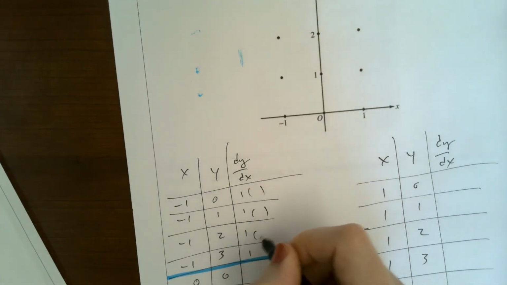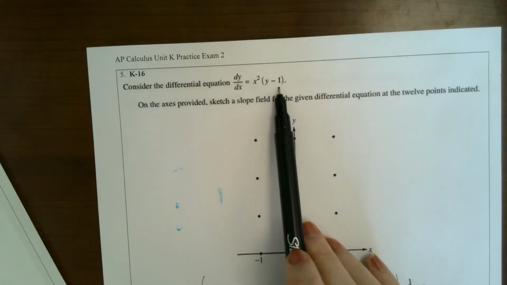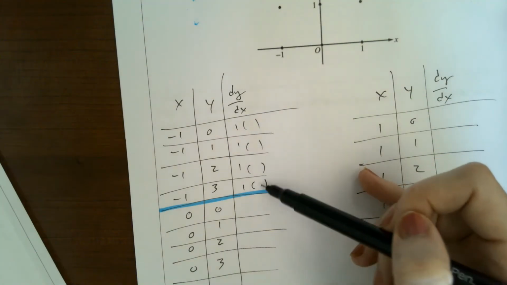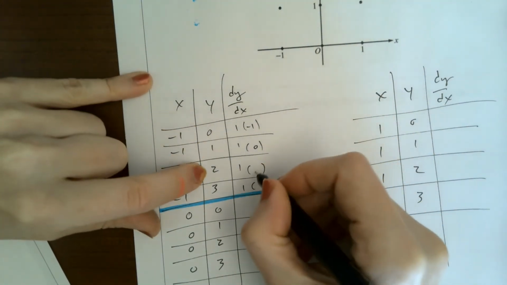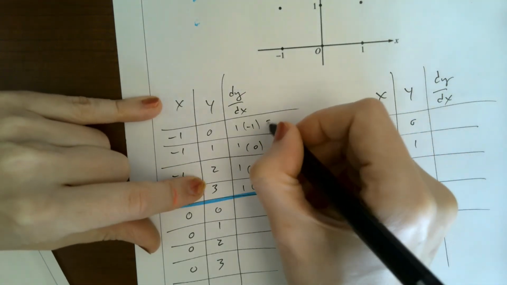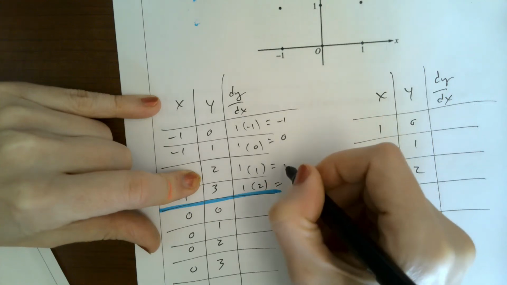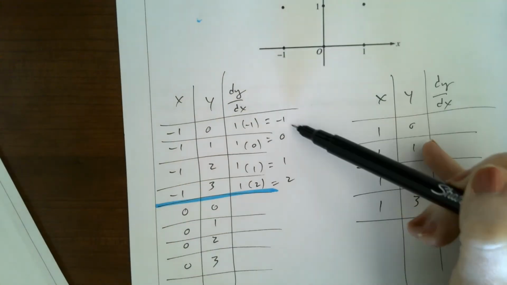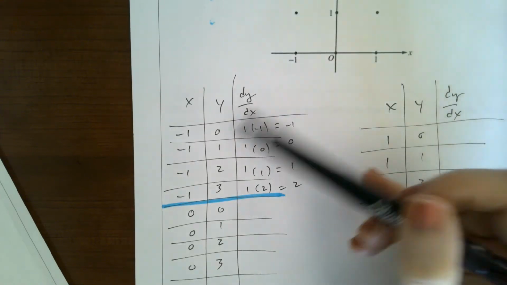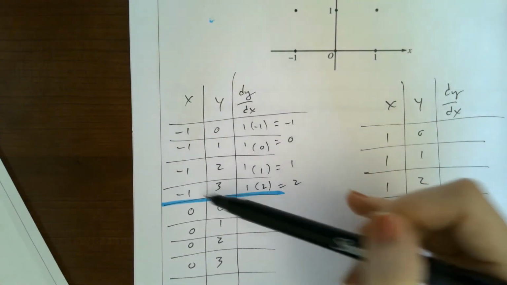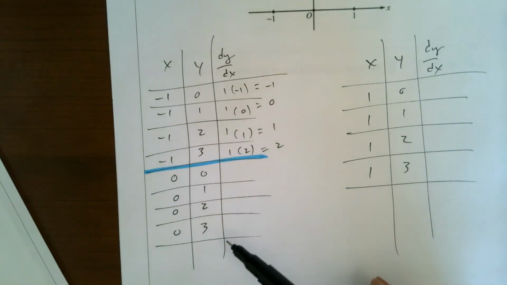Now, next to that, I've got to put the y minus 1. So in these parentheses, I'm just going to take this y and subtract 1. So that's -1. That's 0. That's 1. That's 2. All right, I'm just trying to suggest how you could do this fast. -1, 0, 1, 2. So these are the little slopes that we're going to put on the points that correspond to these.